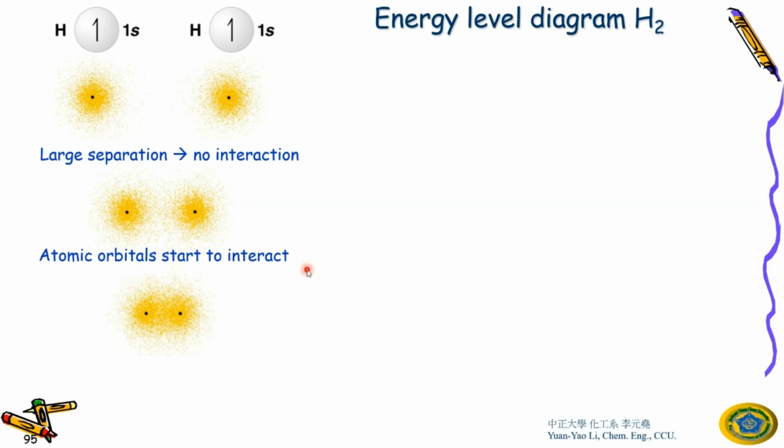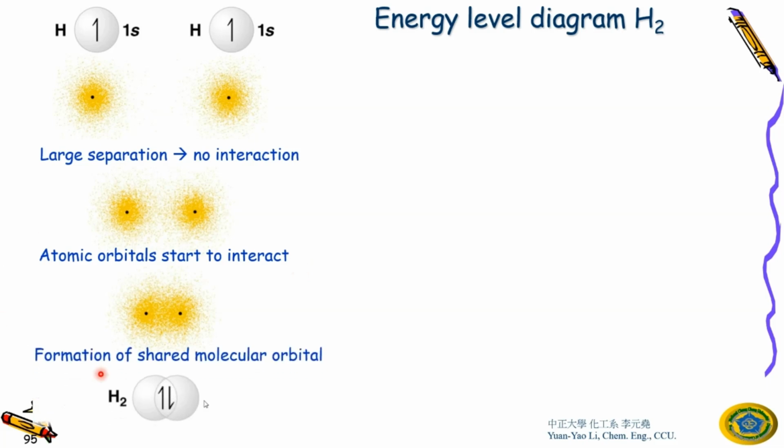They start to smear together to form shared molecular orbitals. It looks like this. So we have bonding from here to here, an electron pair bond. This is a covalent bond. We already learned this last week, right? Okay, this is the shape, or the orbitals, of hydrogen.